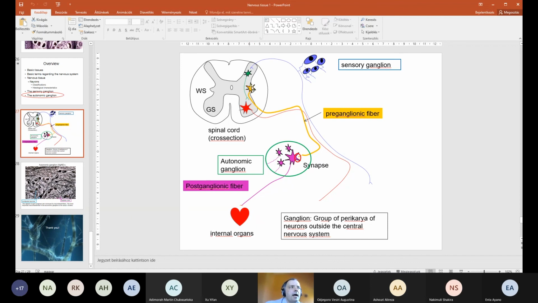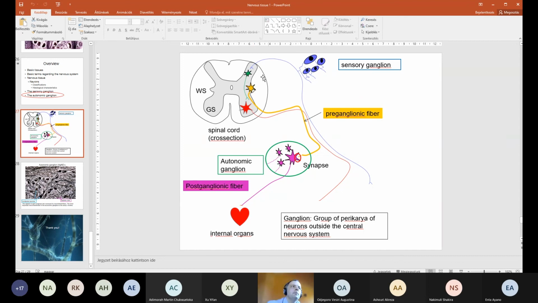One is that from higher order brain centers, mainly from the hypothalamus, a nerve fiber pathway comes down from the brain through the white matter, and that will end on this neuron and it will control it. So if you see with your eyes that a very dangerous traffic situation happened, then your brain realizes that this is a life-threatening situation and you have to brake. And then this gives a signal to the hypothalamus, which is a brain part.